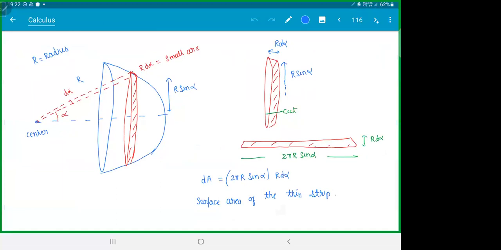You need to mug up the final result, but you should know how to do it also, because it just won't stop here. If I say there's a derivation, they can change something there, right? And they can ask you questions in advance. So this is the area of a thin strip. Please have a look at this. Ask me any doubts on this page. How did I choose an element? How did I take this? Ask me.